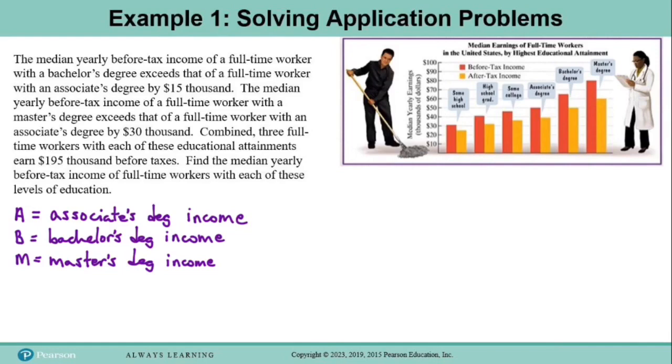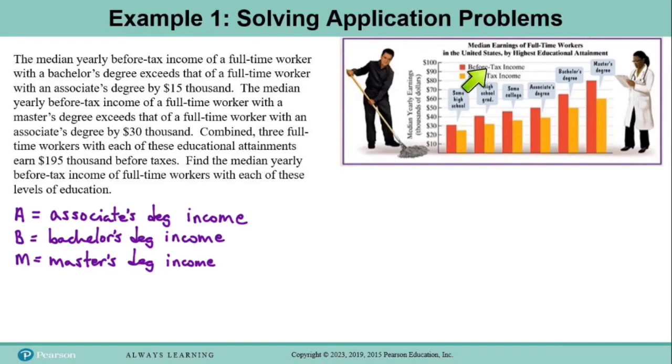Now, I don't know if you might have already noticed this, but this problem is really wordy. So what I would like us to do is simplify it a little bit. Notice that all the way through the problem, everywhere they talk about someone's income, they don't just call it income, they call it the median yearly before-tax income. And yes, that is the value that we're dealing with.